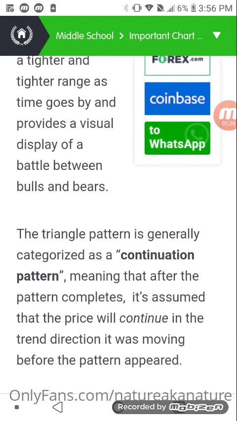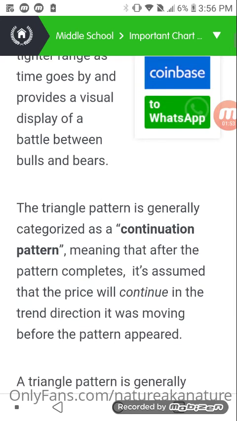Triangle patterns are generally categorized as continuation patterns, just like the pennants, meaning that after the pattern completes, we assume the price will continue in the trend direction it was moving in before the pattern appeared, before that consolidation. The price will continue to move in that direction once the consolidation is over. That's basically what a continuation pattern is.